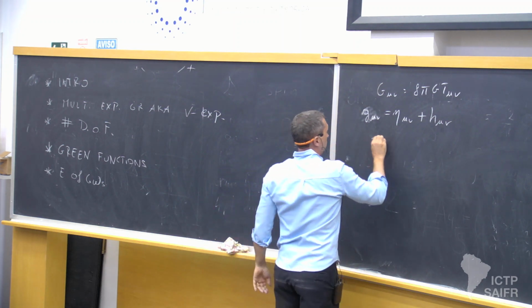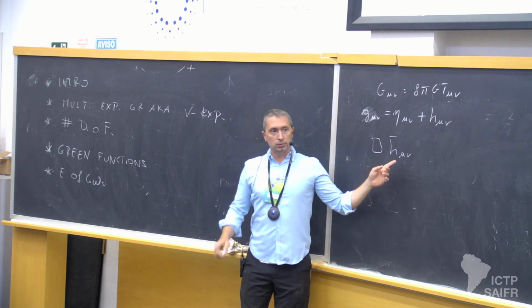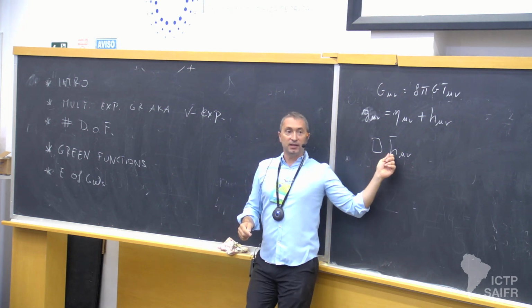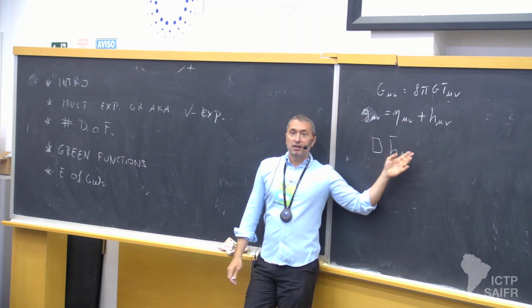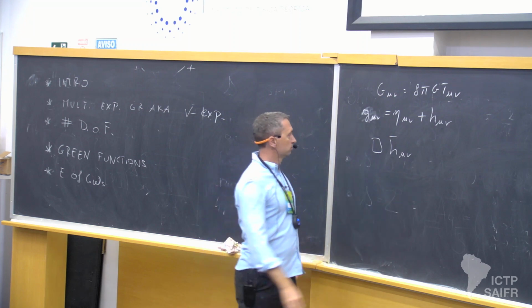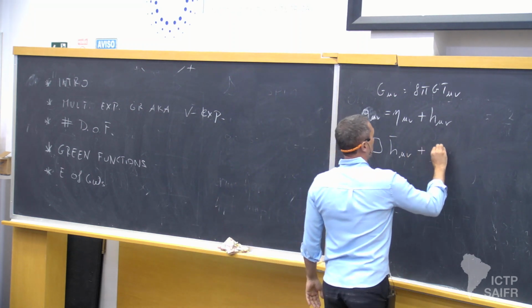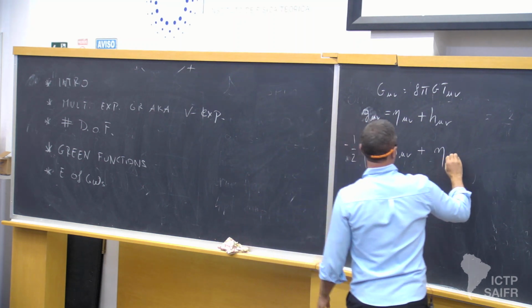Nowadays, when I was your age, I had to derive this by hand, which is not a big deal at linear order, by the way. But nowadays there is a lot of software in Mathematica that does the expansion for you.